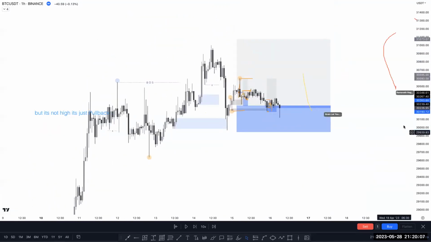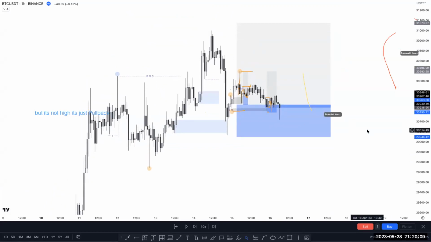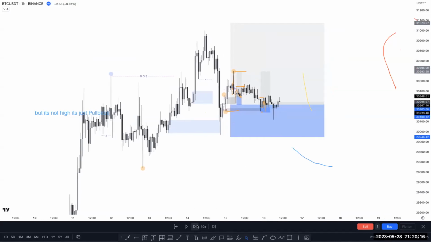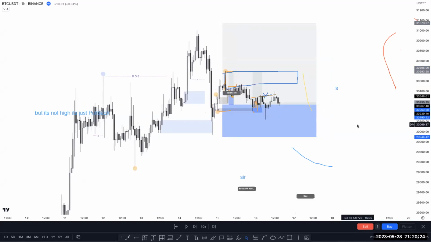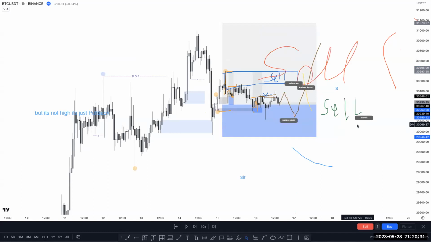So in this case, generally, what do I do? In this case, generally, you have to wait for it to break this low or take out the inducement. What are you looking for here at the current price action?